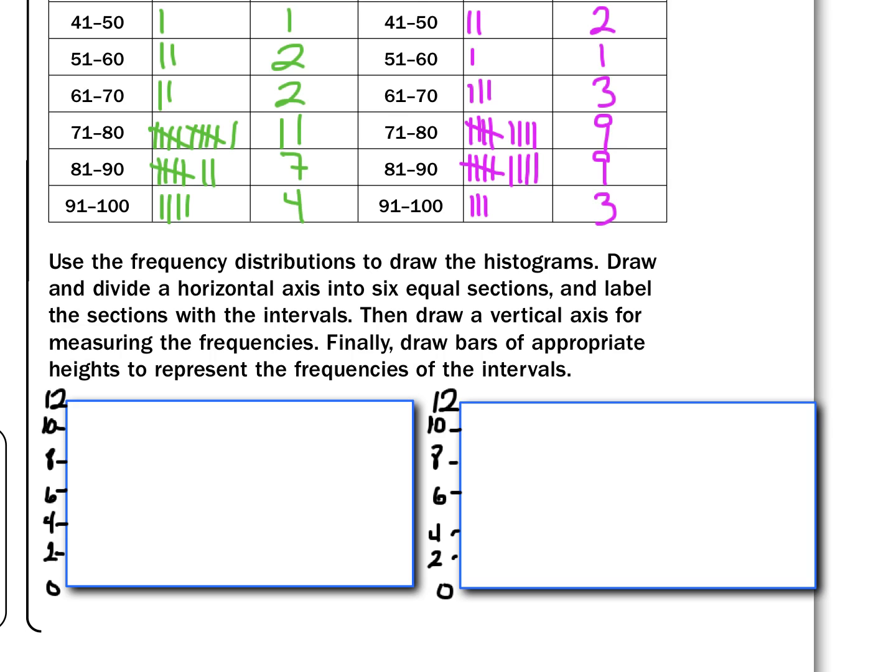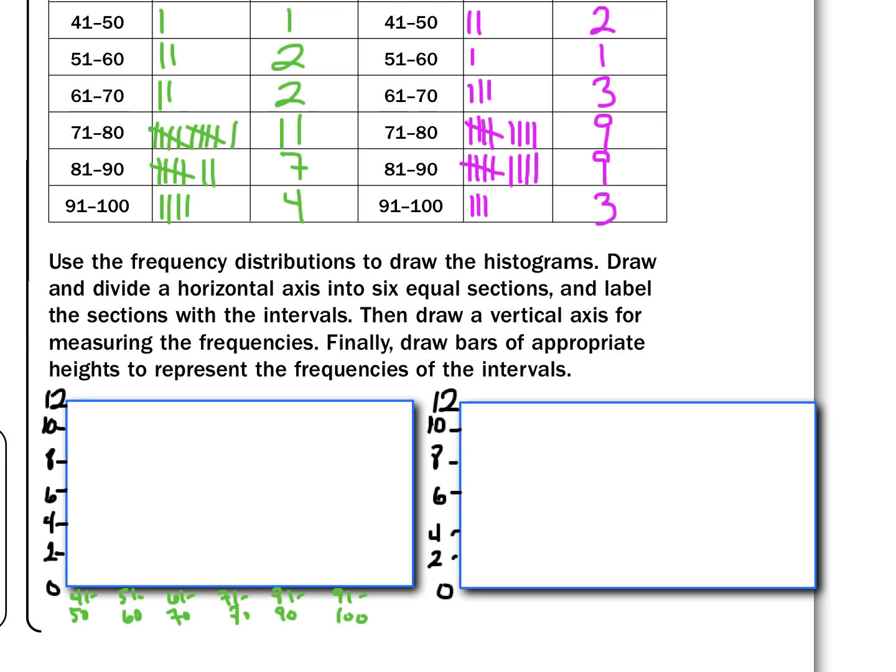And then my ranges at the bottom, so of course I've got 41 to 50, 51 to 60, 61 to 70, 71 to 80, 81 to 90, and 91 to 100.